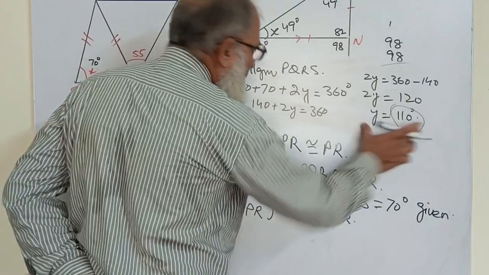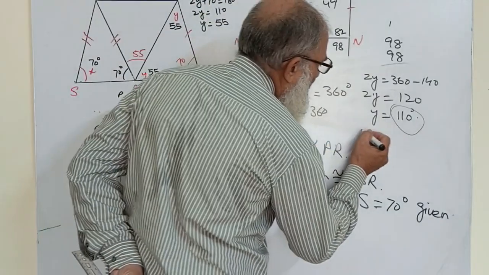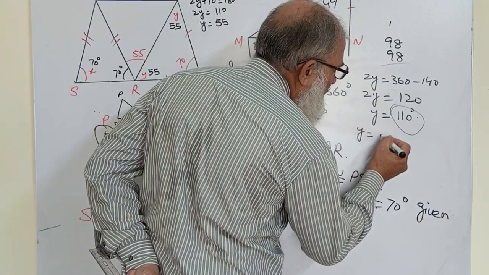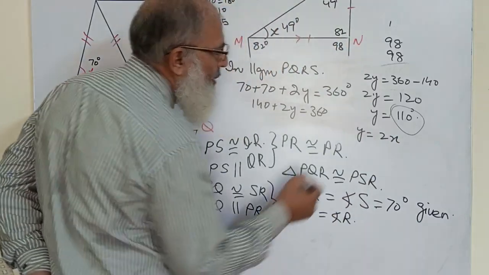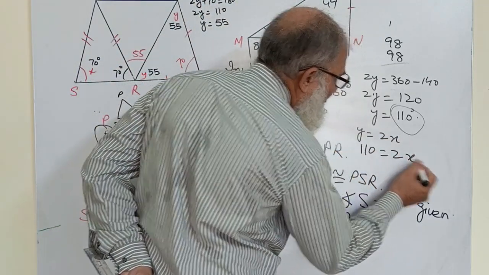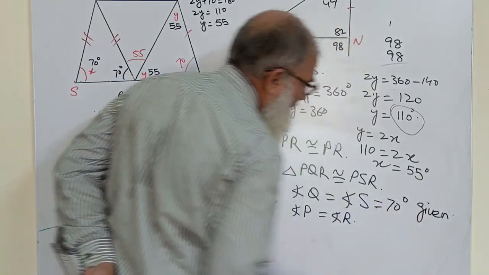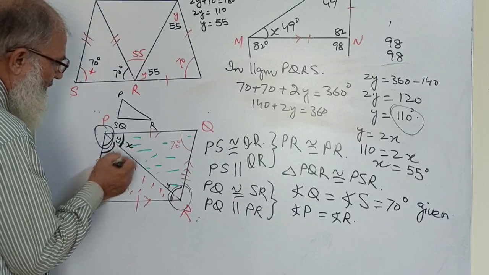Now what is the total angle? Total angle was y. So y is equal to 2x. So 110 is equal to 2x. So x is equal to 55 degrees.